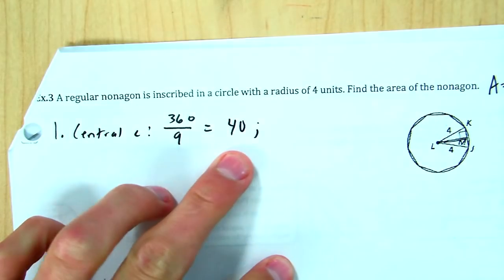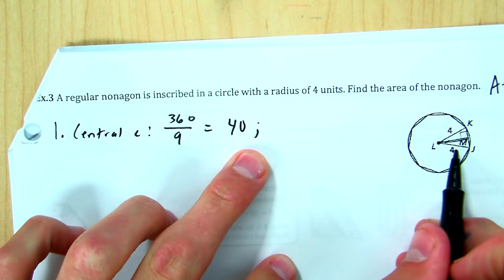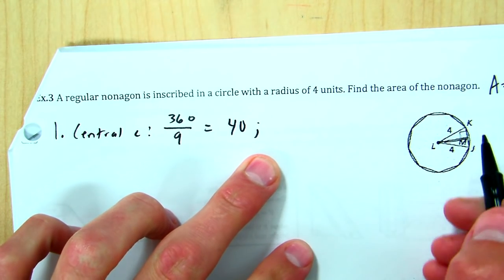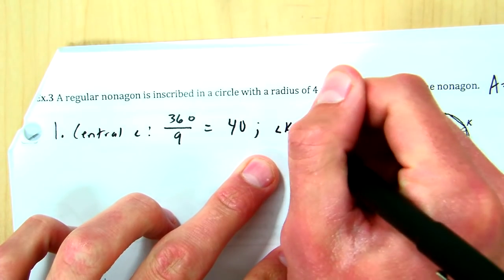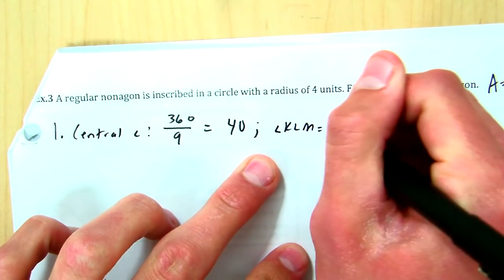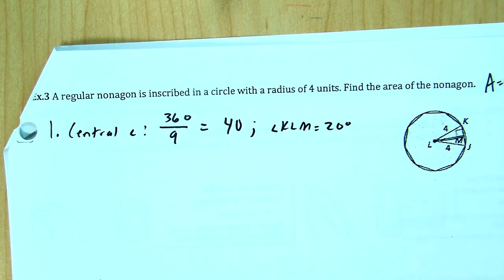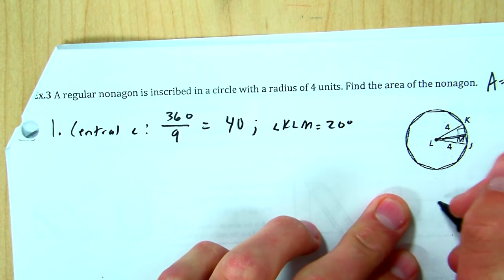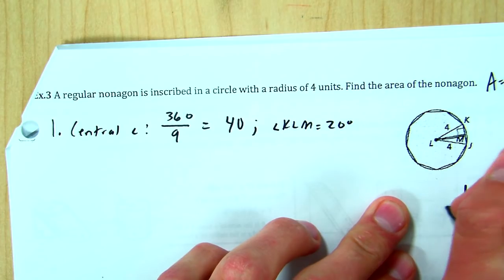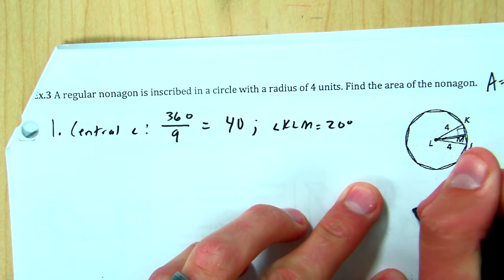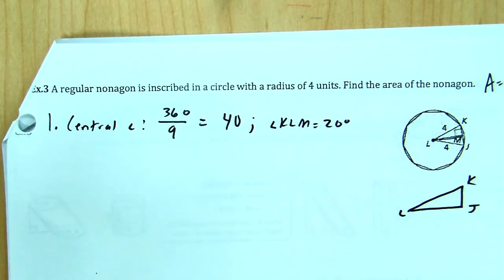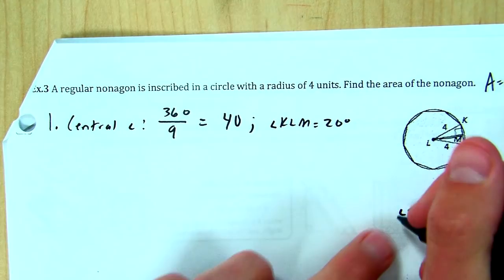And if the central angle is 40, then each of these smaller pieces would have to be 20. So angle, let's just say angle KLM, it has to be 20 because it's exactly half. So if I actually just take this triangle and just draw it down here, K, J, L, what do I know?